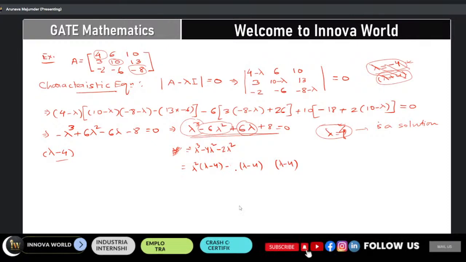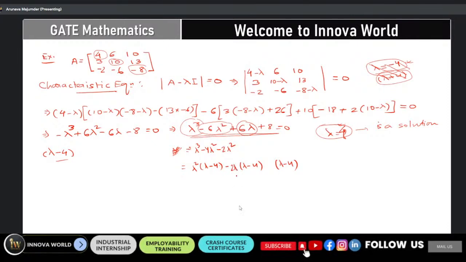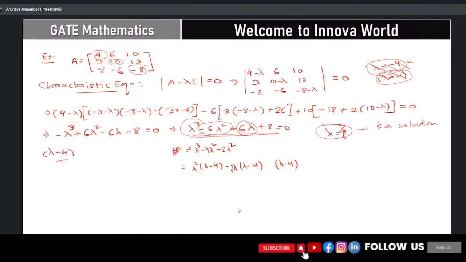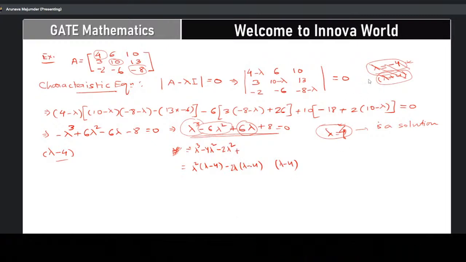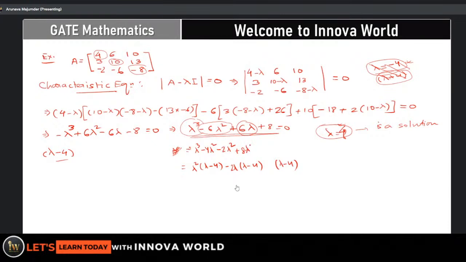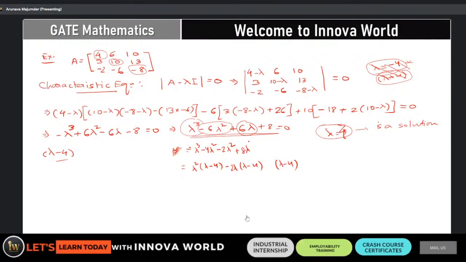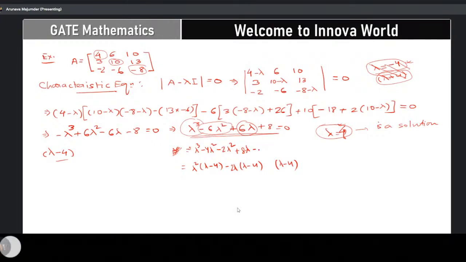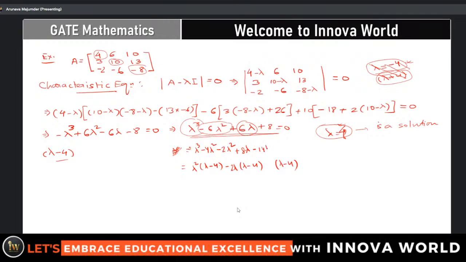So it is minus 2 lambda, which means minus 2 lambda square. Now minus minus plus, 8 lambda. So it becomes 6 lambda. It's 8 lambda, it is 6 lambda. So 6 lambda means it is minus 14 lambda. Sorry, I am doing something wrong.